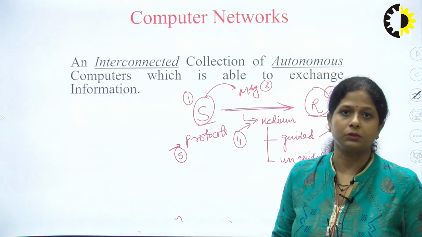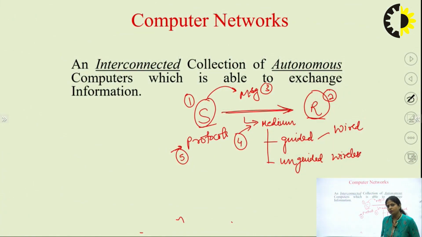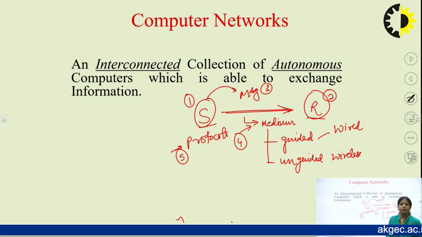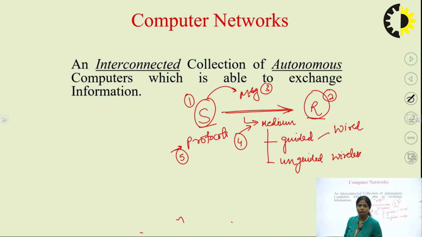Can you assume a building of 4 floors or 5 floors or 7 floors or 10 without the staircases, without a lift? How will you move from floor 1 to floor 10? There must be a channel, a medium through which you can travel that particular path. So that is what we require, a communication medium.